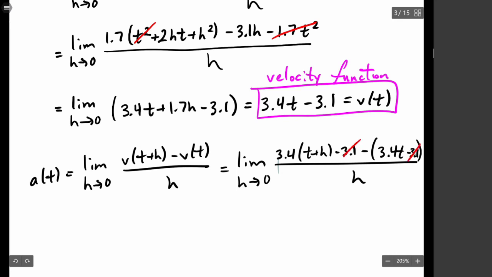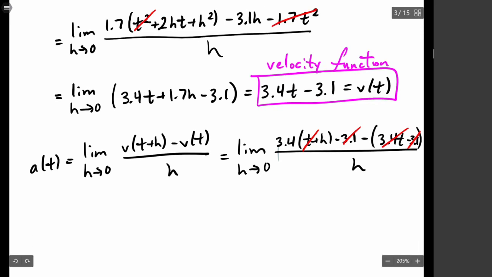So this cancels here, and this is going to cancel the t. Okay, it's exactly what I thought it was. When we simplify, this is just going to leave us with 3.4. So 3.4 is our a of t.